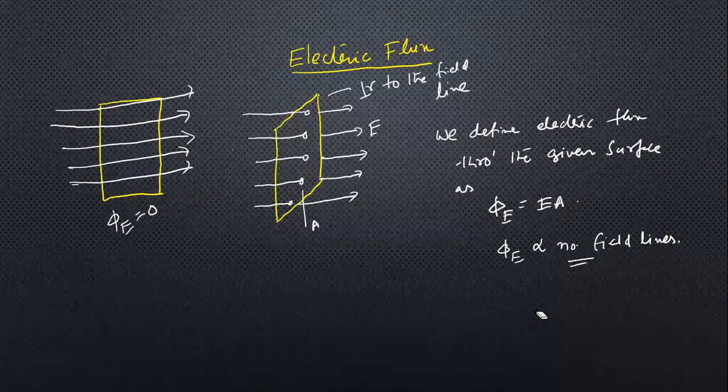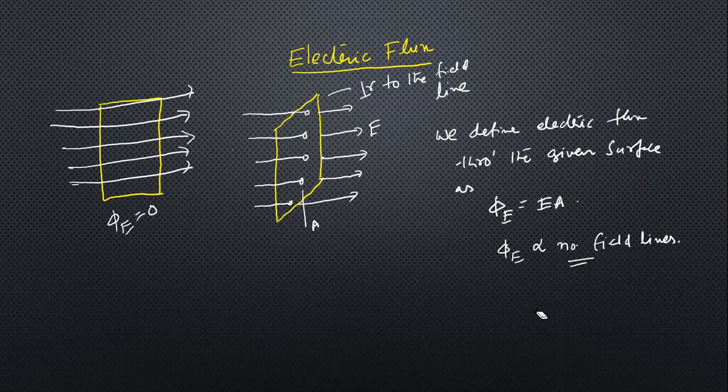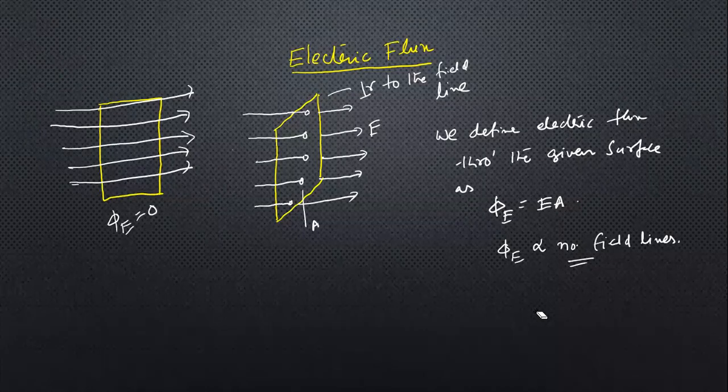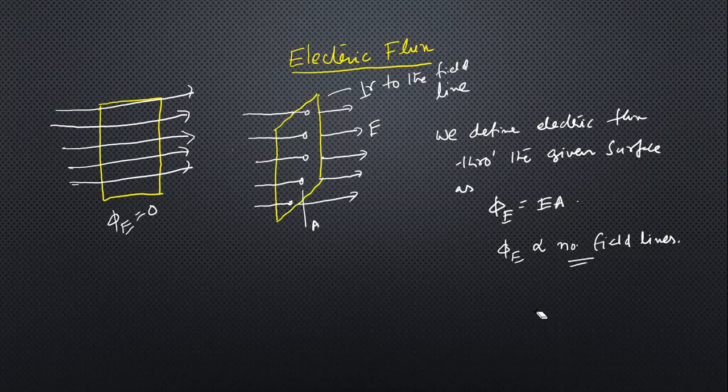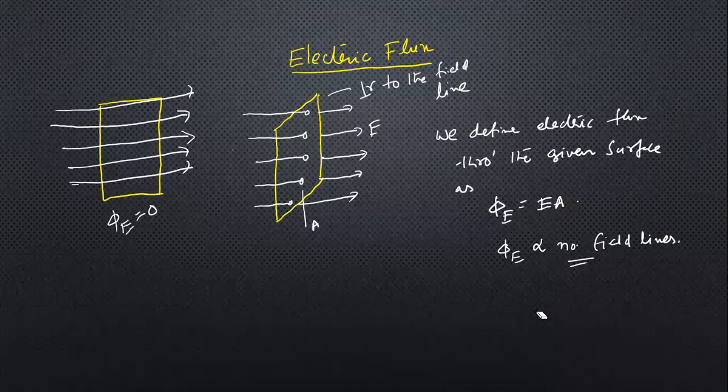It serves only the purpose of comparing the field of the two charges at the same distance, for example. After that, no. But this is a more accurate definition for replacing the field lines. We'll get an idea of how the field is spreading into an area by defining electric flux.